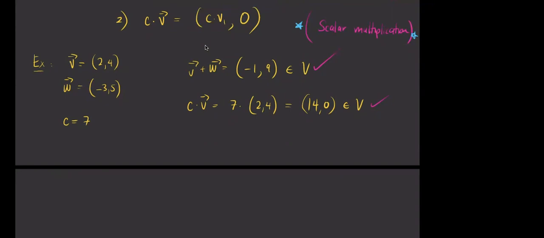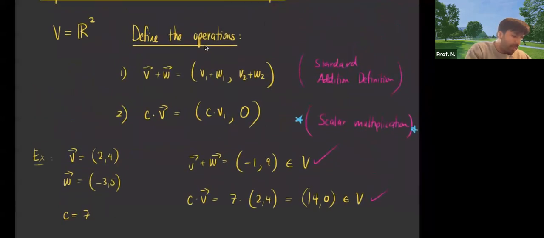If we multiply two vectors with different dimensions? Well, the thing is, we're living right now in R2. So all our vectors will be the same dimension. They'll have two components.